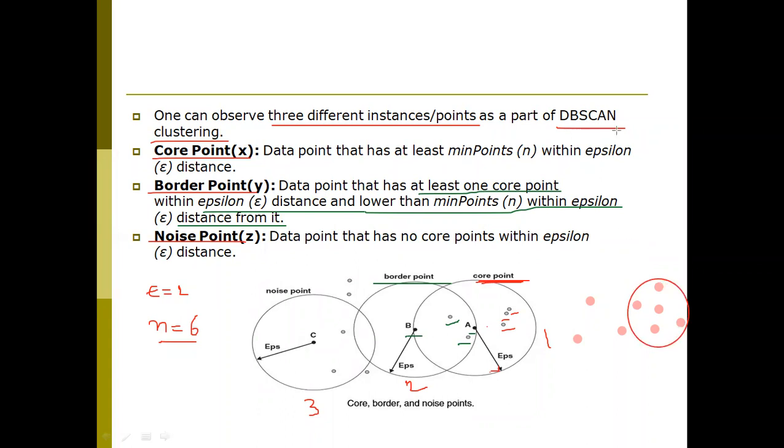Assume this is cluster 1. Next, this is cluster 2.